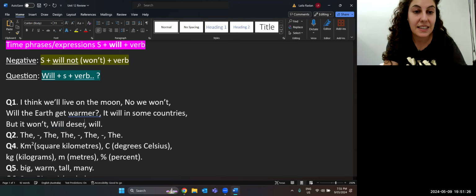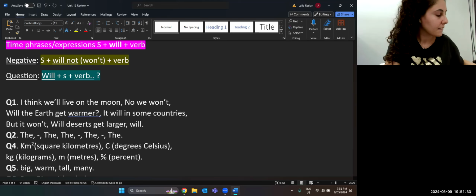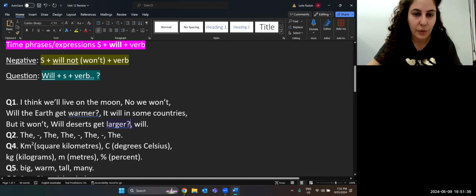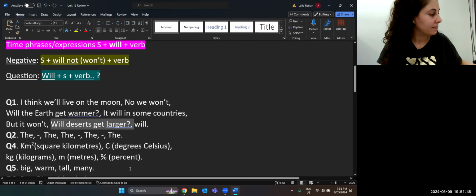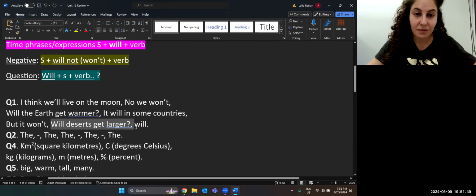Will deserts get larger? And we know it's a question, so we add that question mark. Will deserts get larger? Yes, I think they will.